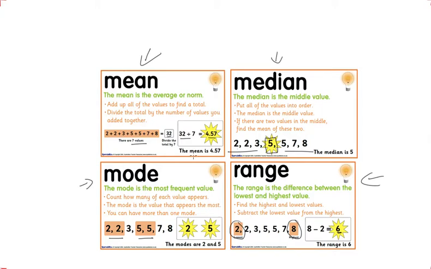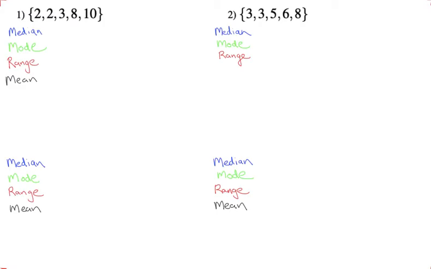You'll know the mean is sometimes referred to as the average, but in maths we're going to be using the mean. So the mean is the average, really. The average or the norm, it's even written here. Okay, so today we are going to revise a little bit of doing these sorts of questions.